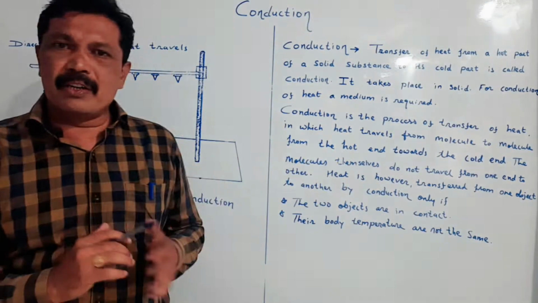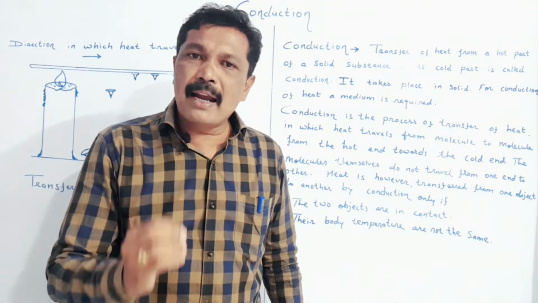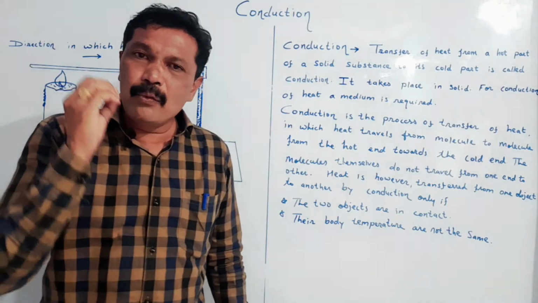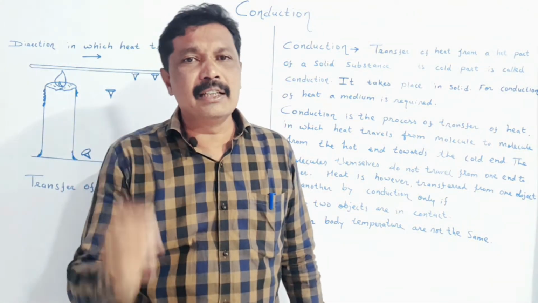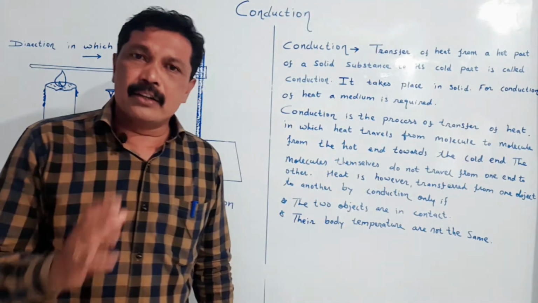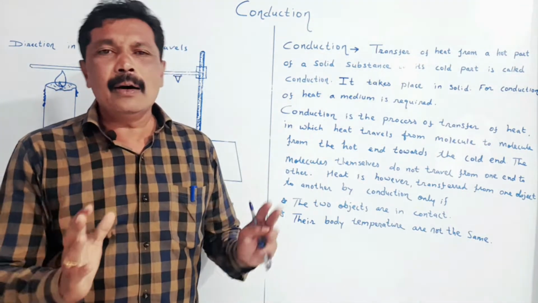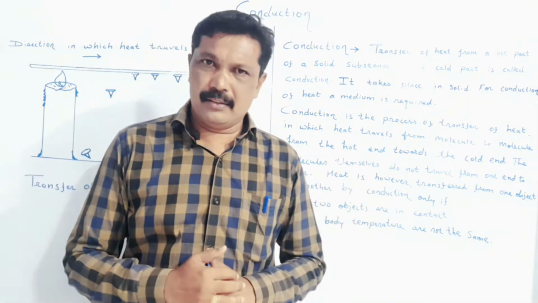From this observation, we can say, my dear student, that when one end of a solid is heated, there is flow of heat from the hot end to the cold end.